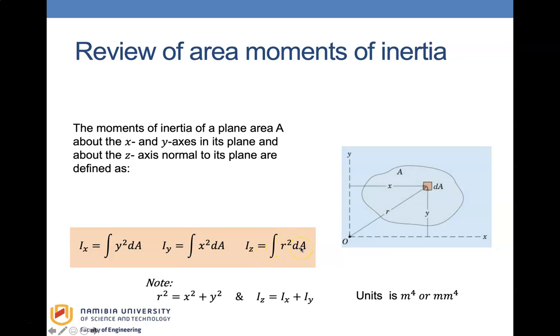Note that r squared is equal to x squared plus y squared. You can see this from the figure. And Iz is equal to Ix plus Iy. The units are meters to the power 4 or millimeters to the power 4.